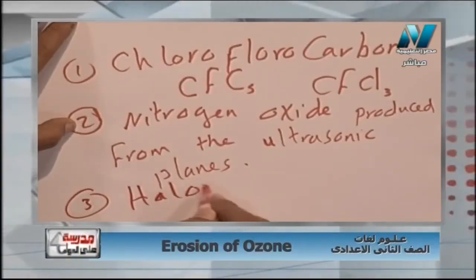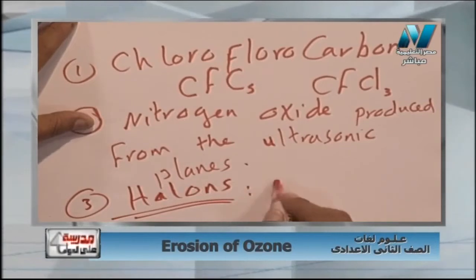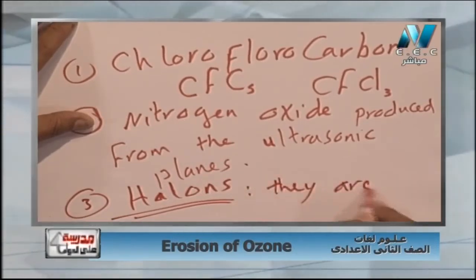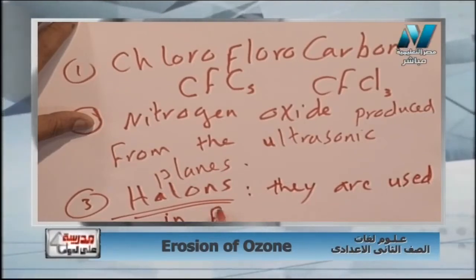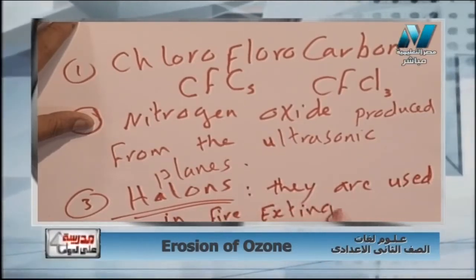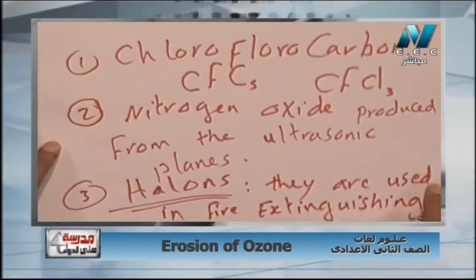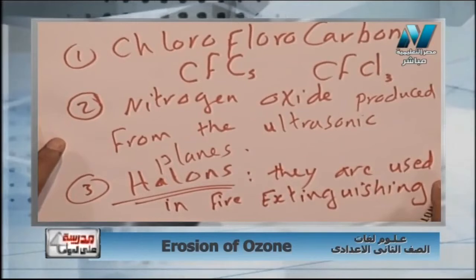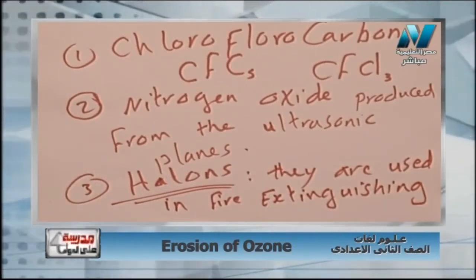Number 3, halogens. Halogens are used in what? In fire extinguishing. Chlorofluorocarbon, nitrogen oxides, halogens, and carbon dioxide.